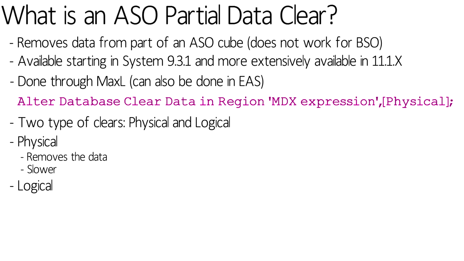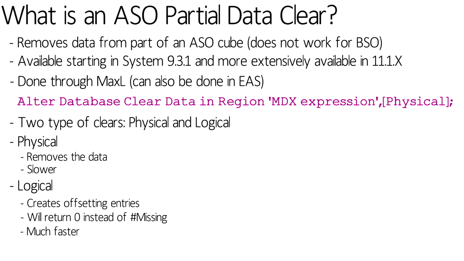A logical clear creates offsetting entries when it is clearing the data. The difference between the physical clear and the logical clear is if you do a retrieval from a physical clear, you'll get #Missing. With a logical clear, you'll get a 0 instead of #Missing, but the logical clear is much, much faster because it's only doing those cells that are changing.